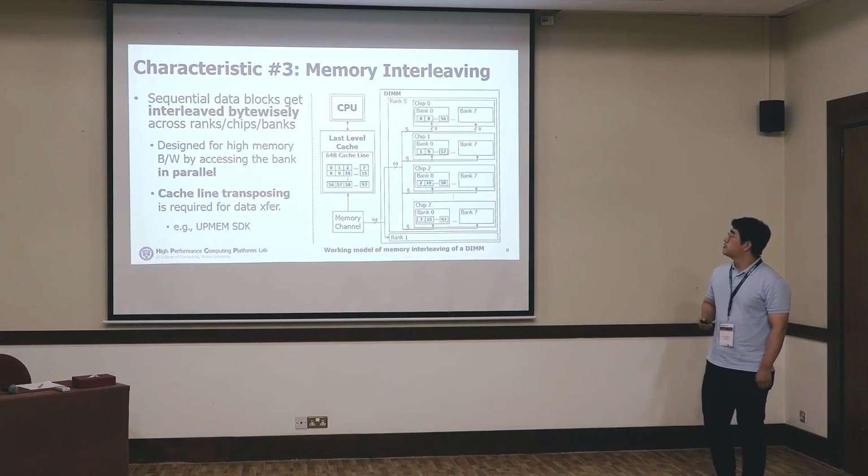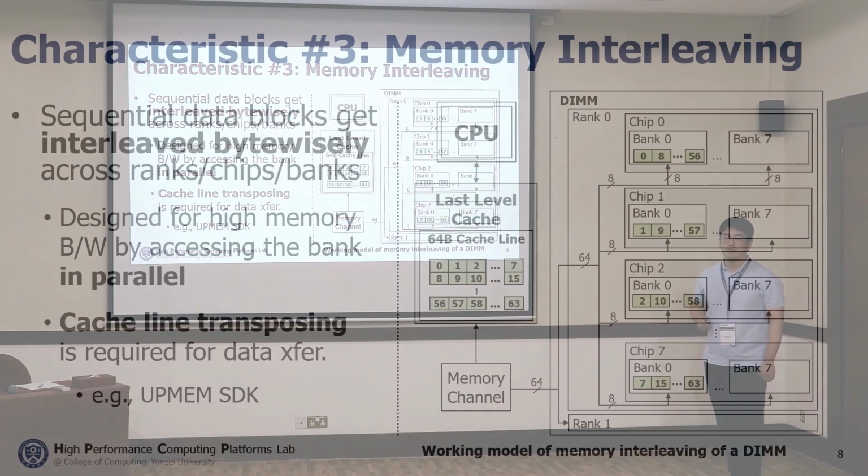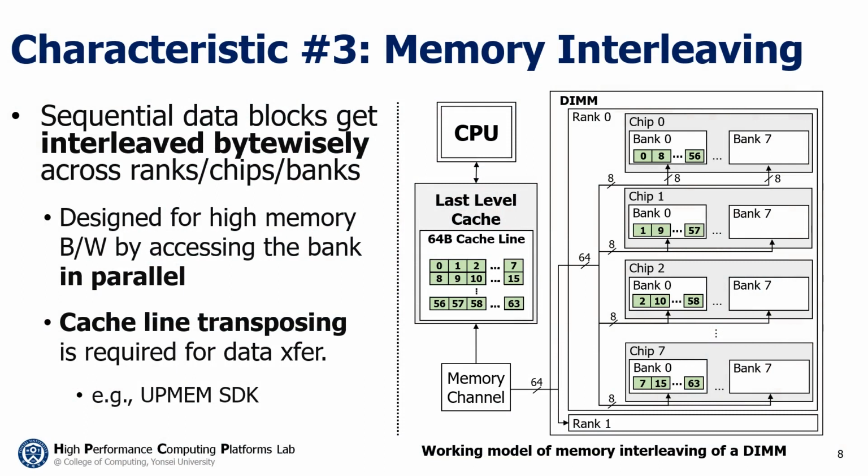The third characteristic is memory interleaving. Memory interleaving means that sequential data gets distributed across the chips and banks. This design provides high memory bandwidth by accessing the memory banks in parallel. However, in the case of PIM-enabled DIMMs, this causes a problem when the data are copied to the destination banks.